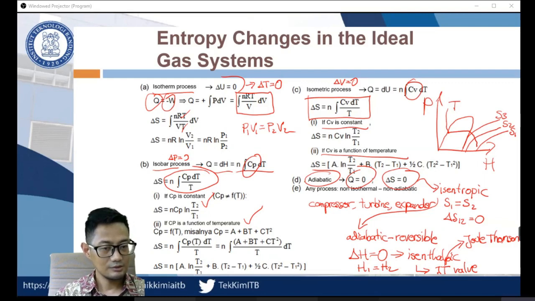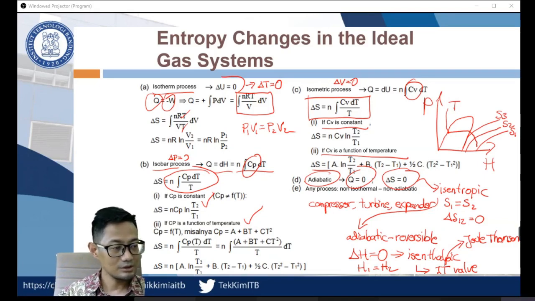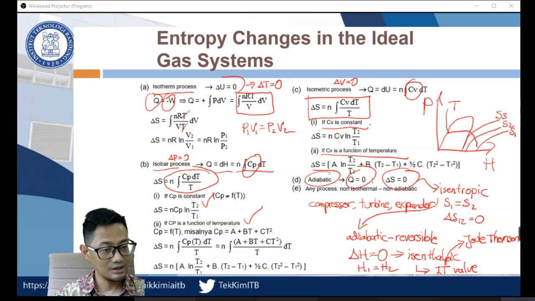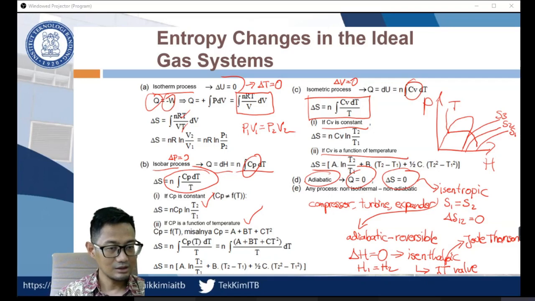So at least you know the principle of this, right? Okay, I think I will give the opportunity to Pak Sanggono to explain about the real gas. Or if Pak Sanggono has additional comment regarding entropy, please, Pak.